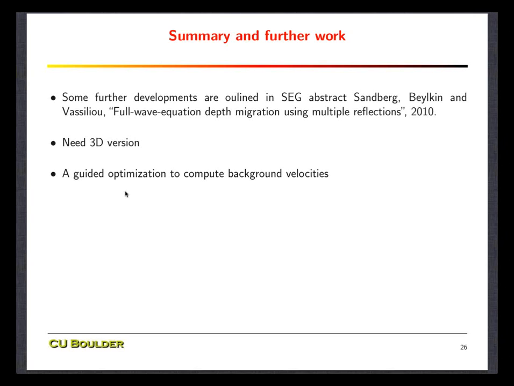The other one was, I guess, that you were migrating gathers rather than migrating stack. No. Of course, you have actual traces. You don't want to do anything before that.